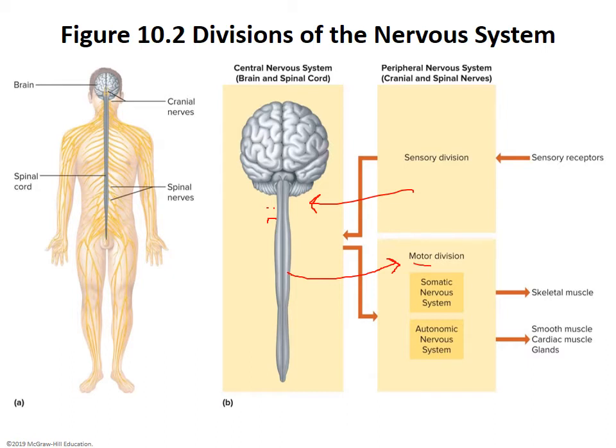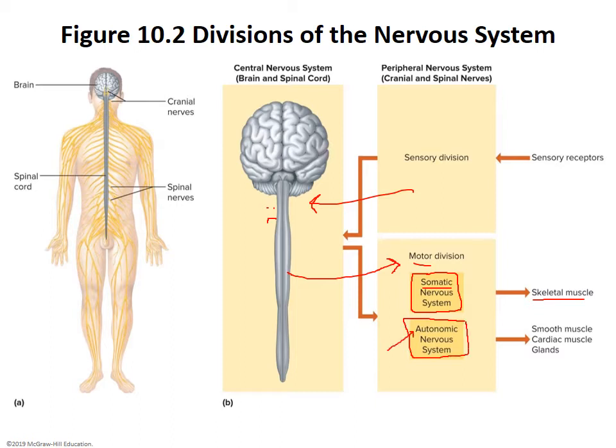Now, the motor division, which we're going to look at a little later on, is divided up into two subcategories. Somatic, soma means body. These are going to be voluntary things we can control, and basically the only thing we can control is our skeletal muscles. And then the majority of this motor division is in what we call the autonomic nervous system.